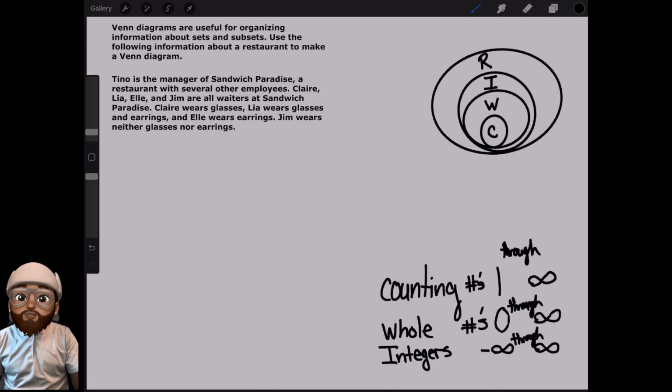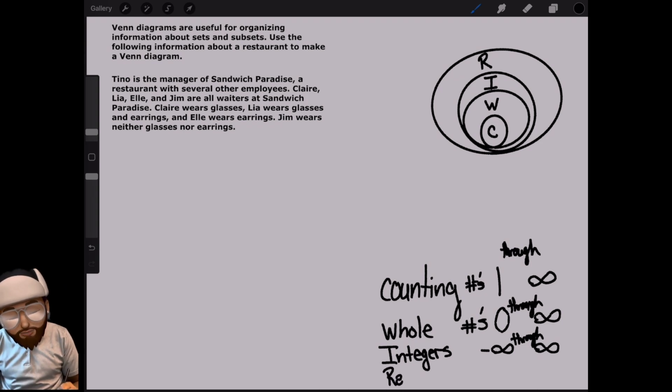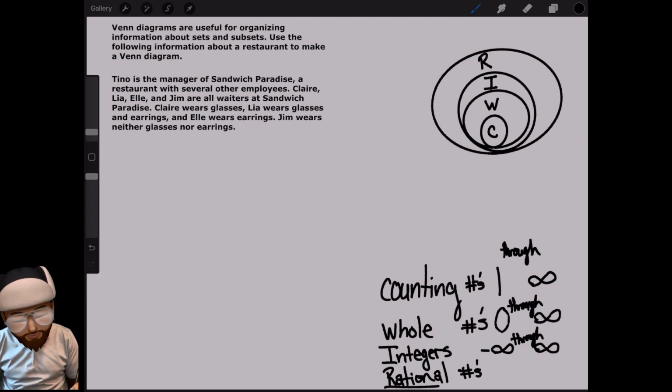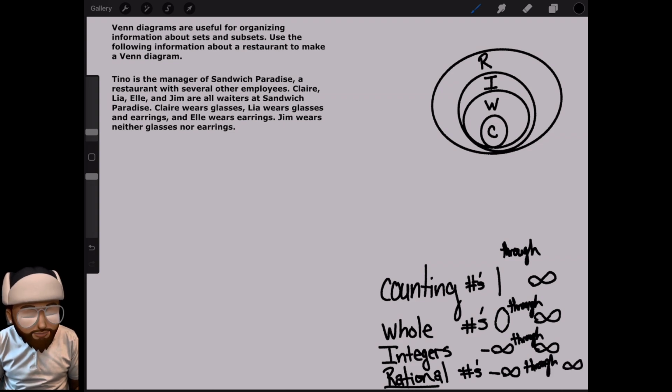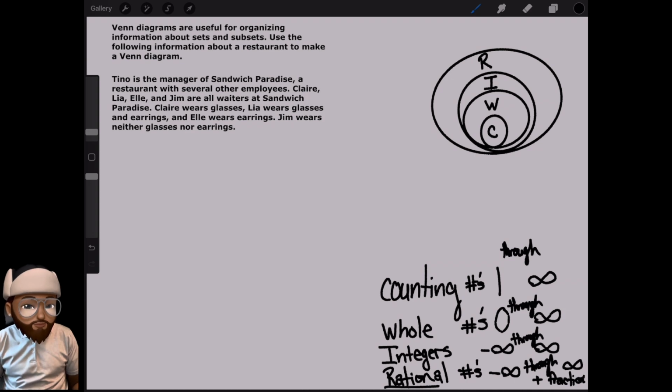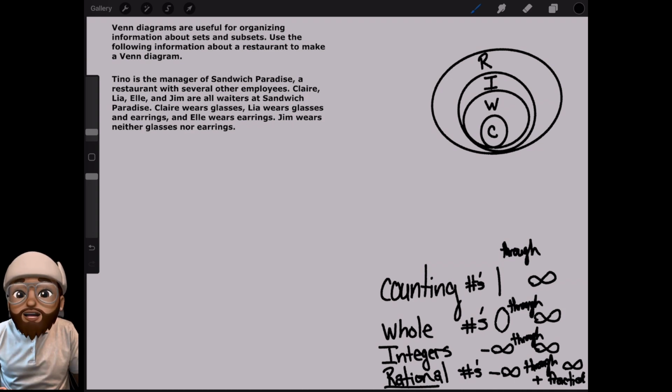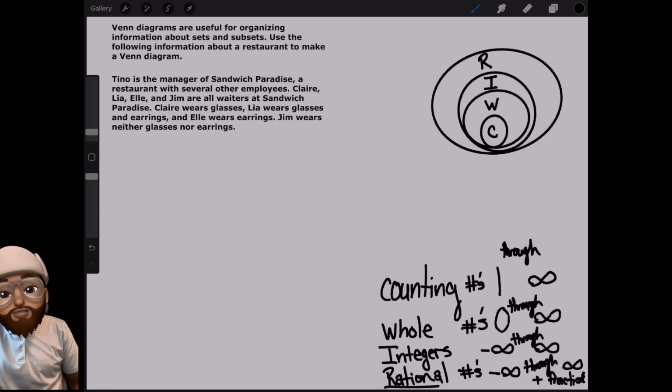You guessed it. With this one, we are introducing ratios, partial numbers. So it is still negative infinity through positive infinity, but just plus fractions. And that's it. That's the difference between the sets of rational numbers.